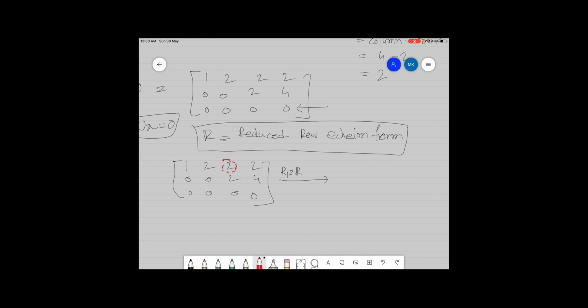How can I get it? I have to subtract the pivot row from it. So row 1 minus row 2, and you will get 1 2 0 negative 2, 0 0 2 4, and 0 0 0 0.